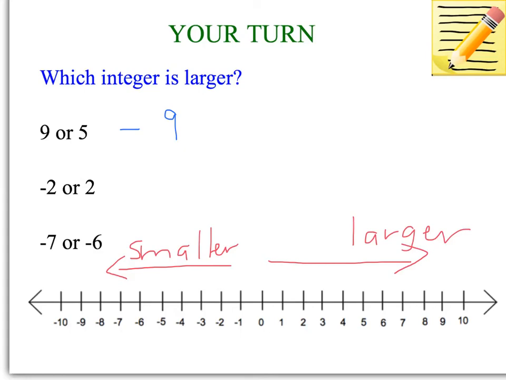So the larger number in this one would be 2. Now negative 7 or negative 6, they're right next to each other. But like I said before, the larger the number on the negative side, the smaller the number actually is. So the larger number here would be negative 6.